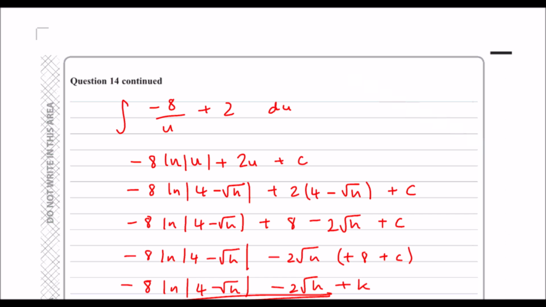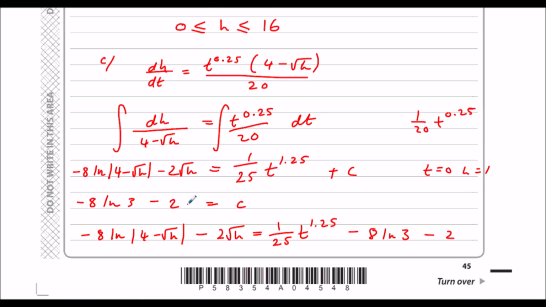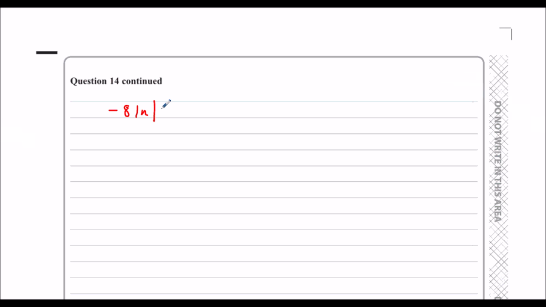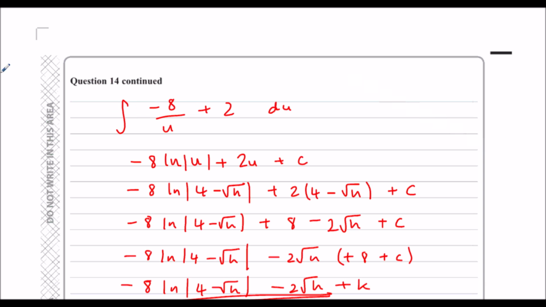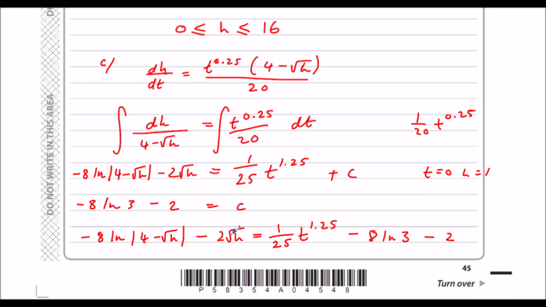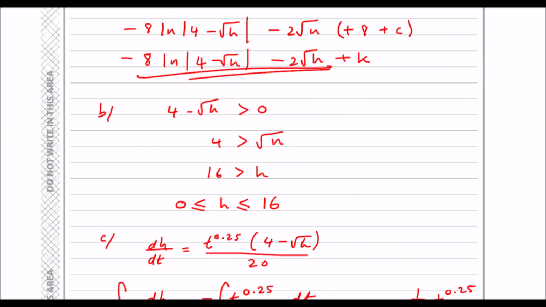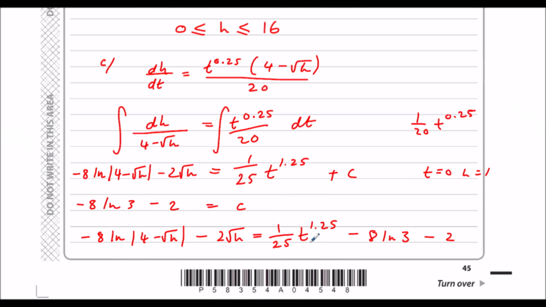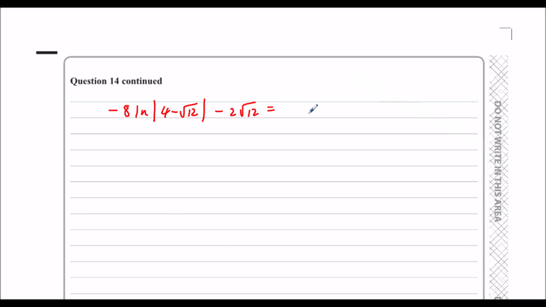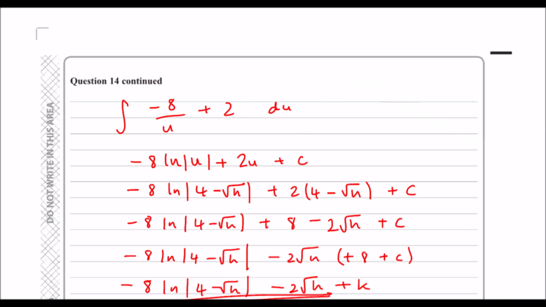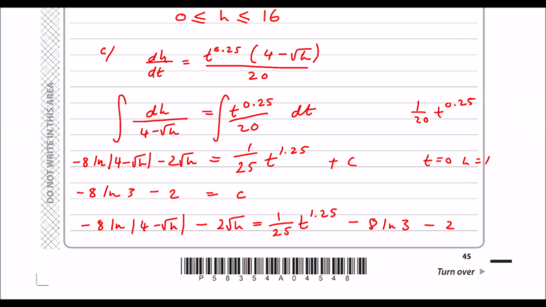So it's going to be minus 8 ln 4 minus root 12 minus 2 root 12 equals 1/25th t to the power of 1.25 minus 8 ln 3 minus 2.